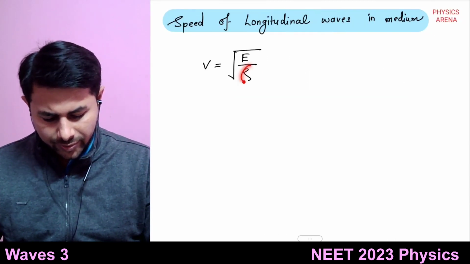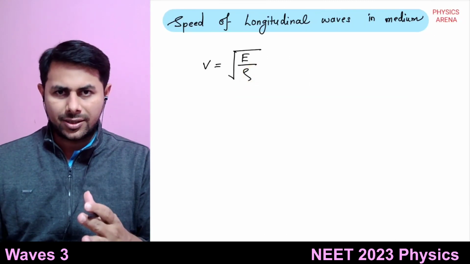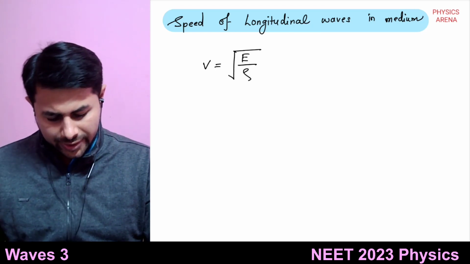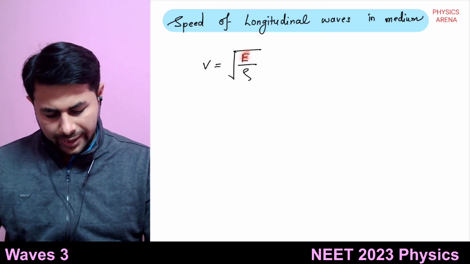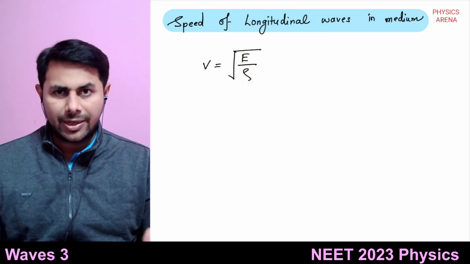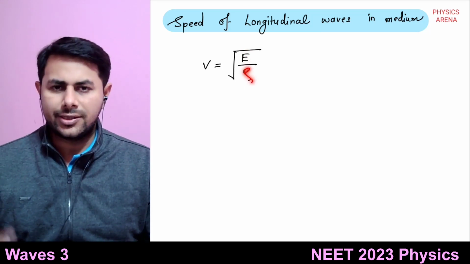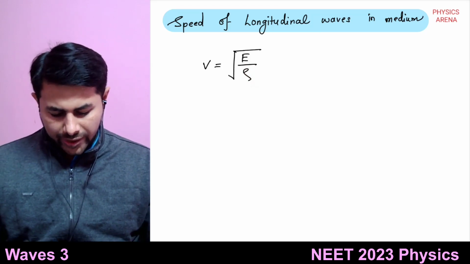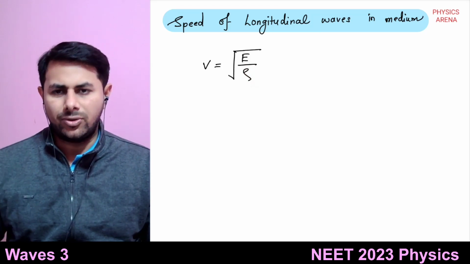So here also there is a factor which helps in transfer of energy, the elasticity of the medium, and an inertia factor, which in this case is rho, the density of the medium. So V is given by square root of E upon rho.